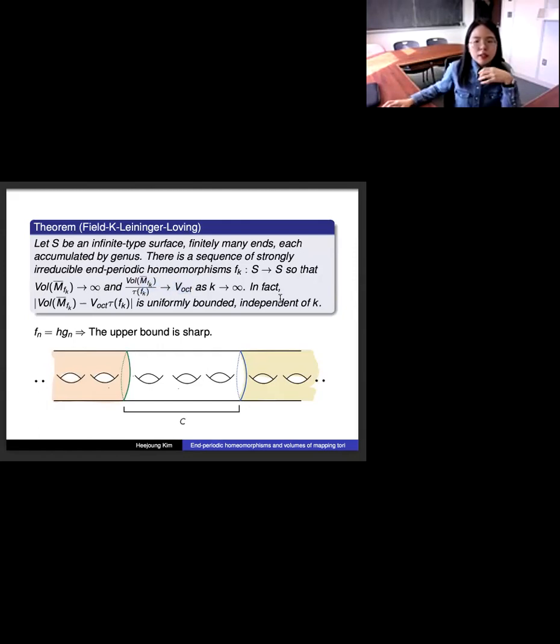In other words, the difference is uniformly bounded. Our example was to take a handle shift and then compose with Gn, where Gn is the Anosov element supported by a subsurface, say C.